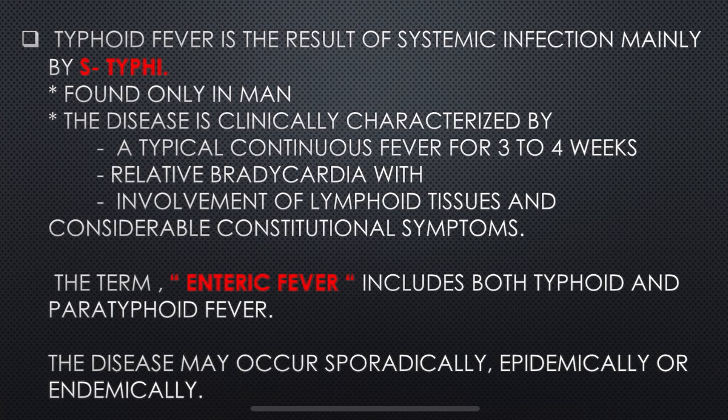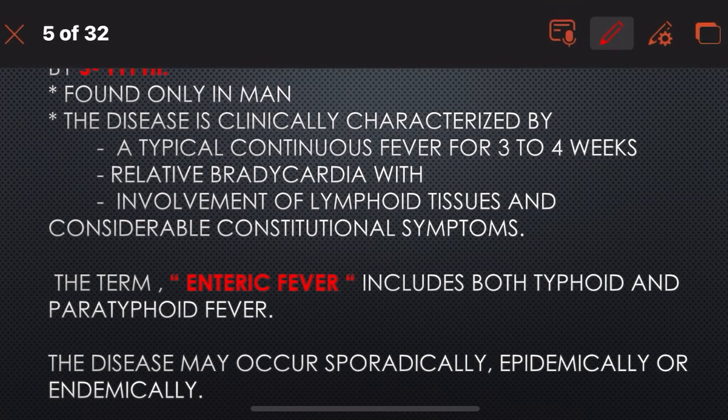The disease is clinically characterized by a typical continuous fever for 3 to 4 weeks. When the patient comes to you and tells you that the fever has been there for 2 weeks, 3 weeks, or up to 4 weeks, one of the diagnoses you can think of, when it is fever lasting for 3 to 4 weeks or longer, is typhoid fever.